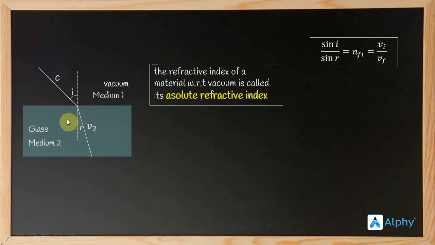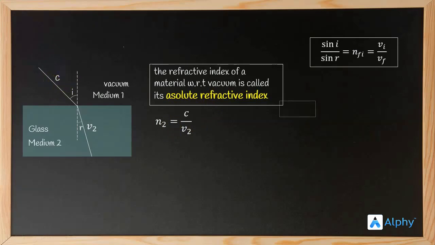Now we can find the refractive index of glass with respect to vacuum. It would be the speed of light in vacuum divided by the speed of light in glass. So the refractive index of medium 2 with respect to vacuum, for which we use no subscript, is called the absolute refractive index. And the speed of light in air is very close to the speed of light in vacuum.